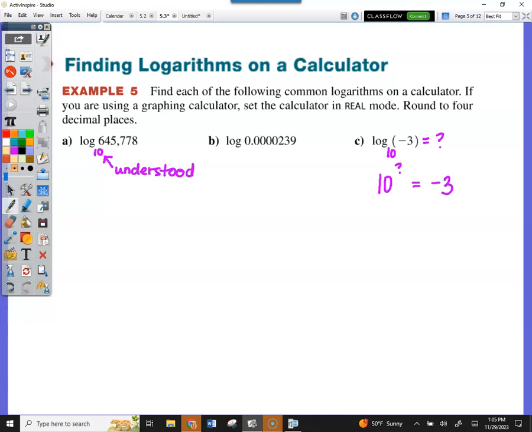So this is not possible. There's no 10 to any power that would be -3, so this is not real. This crosses into imaginary. So you would just say not real. By the way, did you get this? Yes.